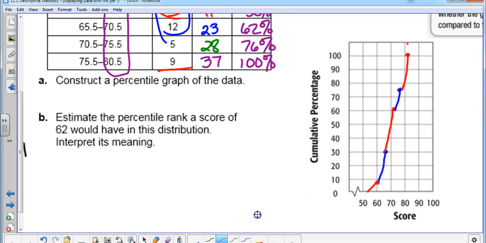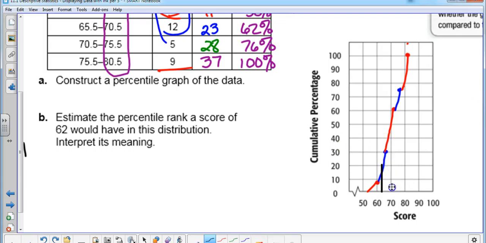Okay. We have one more question. It says a 62 on this test would put me where? If I scored a 62, oh my. Can't draw that straight either. Okay, if I scored a 62, what do you want to put for your percentile?